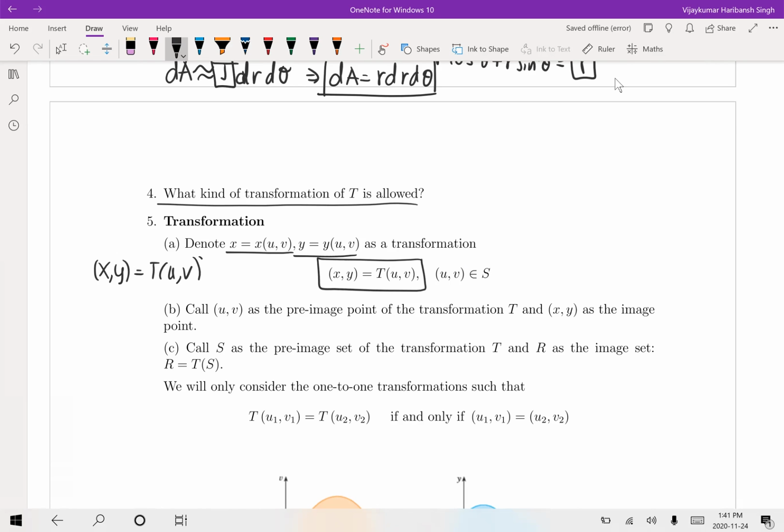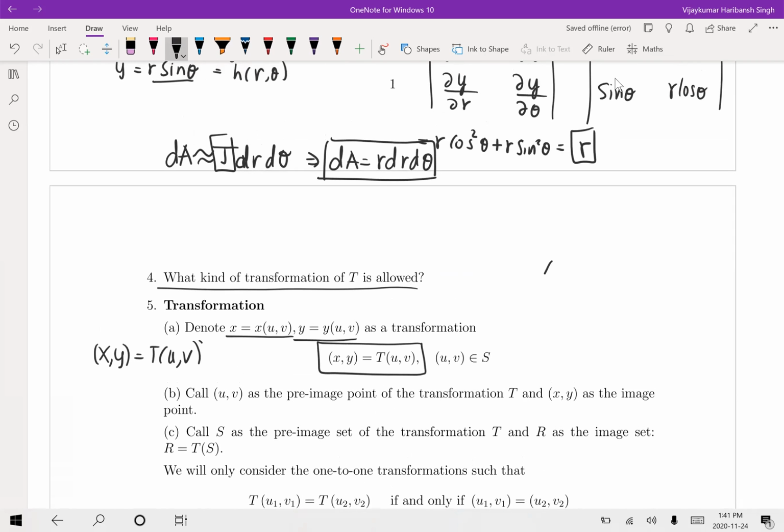That means in the polar case, we had x, y equals T of r, theta, and that is the same as T1 of r, theta, T2 of r, theta, and the first one was r cos theta, r sine theta.